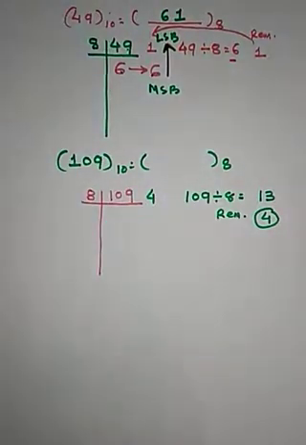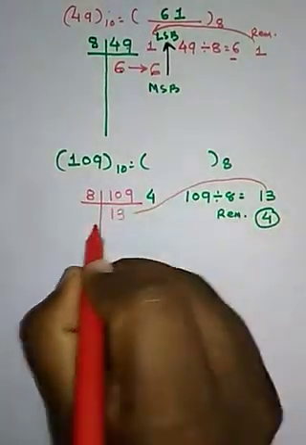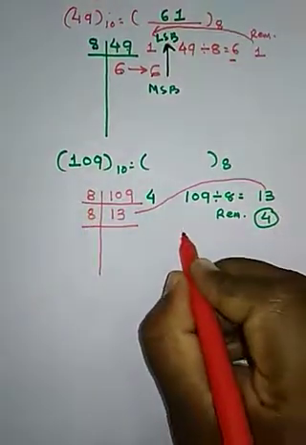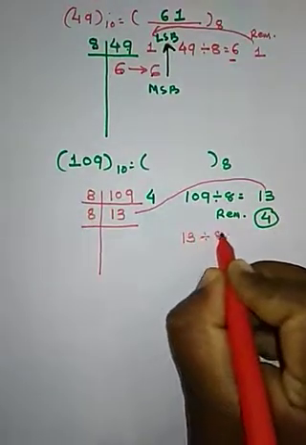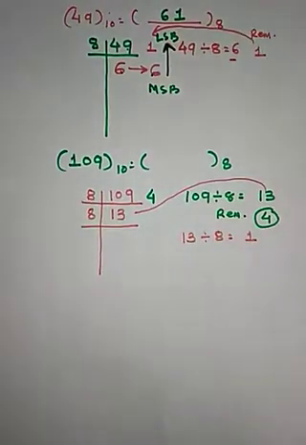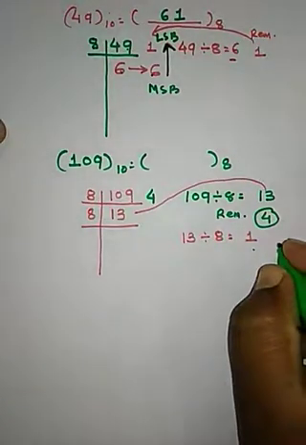હવે અહીંયા જોવાનું કે this number is to be written at here 13. Here is a 8. So 13 divided by 8. Here is a 1. What is the remainder? Remainder is a 5.